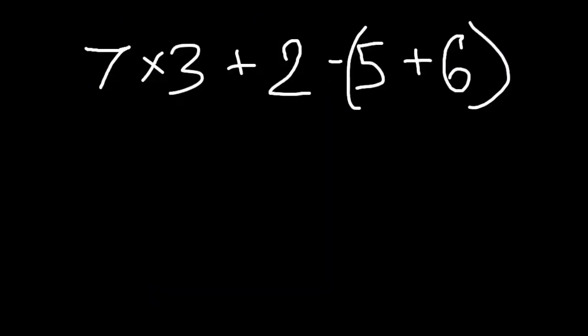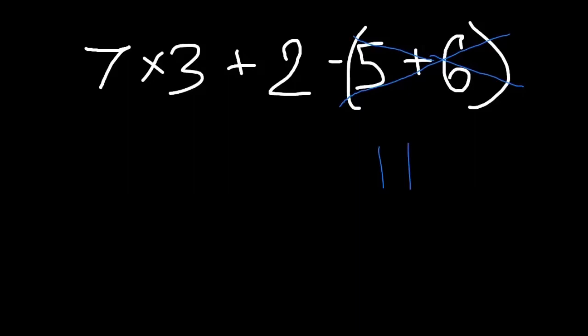Let's try another one. 7 times 3 plus 2 minus the parentheses 5 plus 6. So first we got brackets. What are they called? Brackets or parentheses. There we are. 5 plus 6 is 11. And we would copy everything else now.